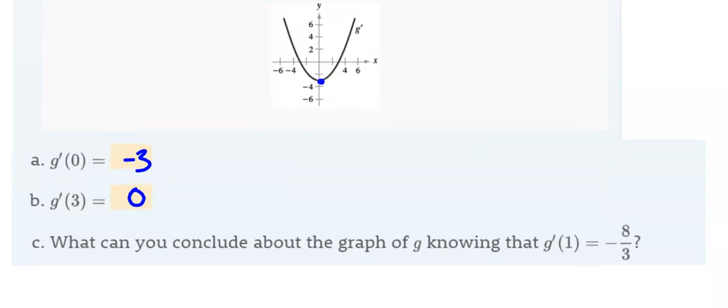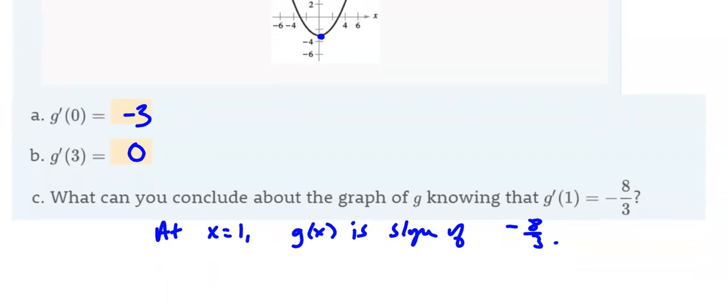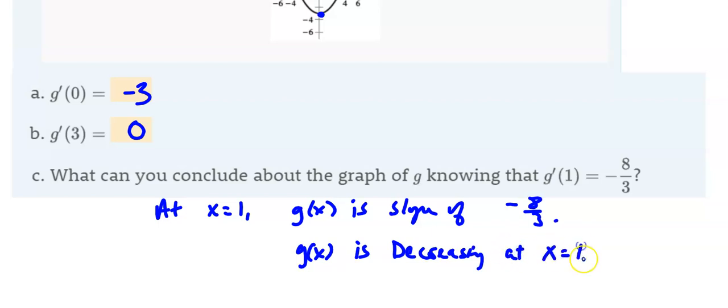Now the interpretation part: what can you conclude about the graph of G knowing that G prime of 1 is negative 8/3? Well, at x equals 1, G of x has a slope of negative 8/3. If we want to add one more word to it, which we'll do in the next unit, G of x is decreasing at x equals 1 at a rate of 8/3.